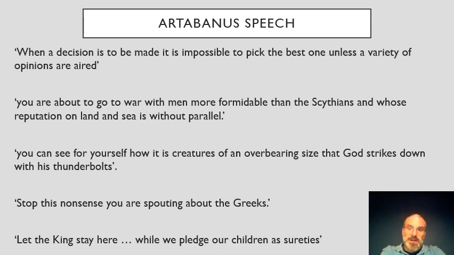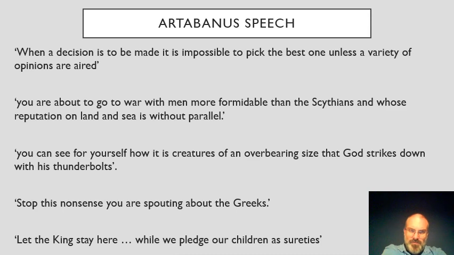Now, Artabanus then goes on to show that actually he really is a Persian. His suggestion is, well, let's invade Greece anyway, but let the king stay here while we pledge our children as sureties. A surety means that the children would basically be held as hostages in Persia, and that would guarantee the victory of the Persians in the army.